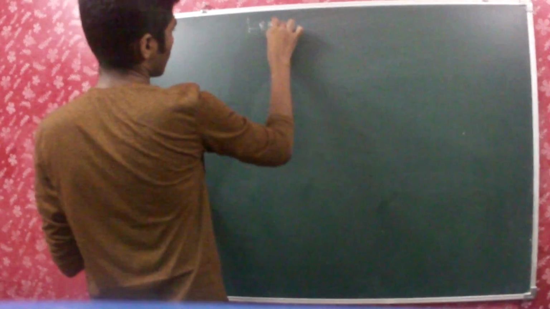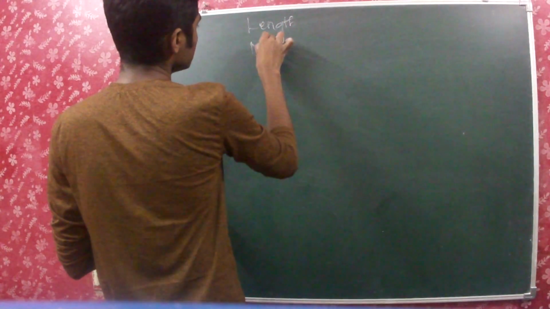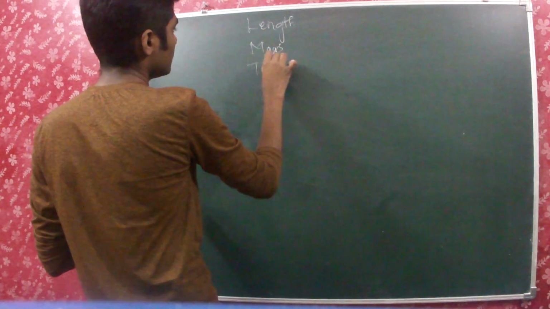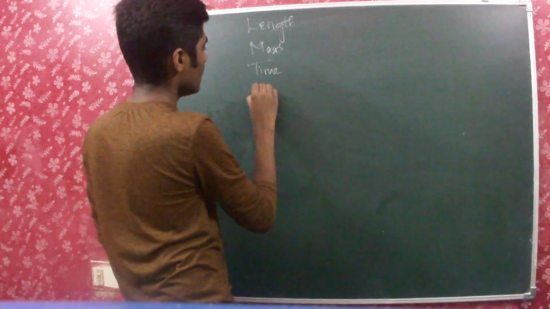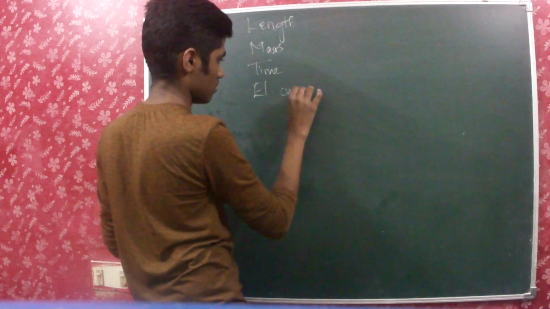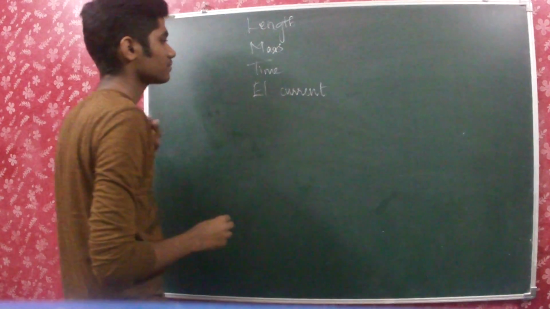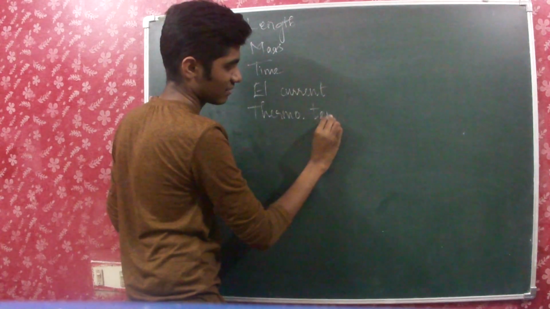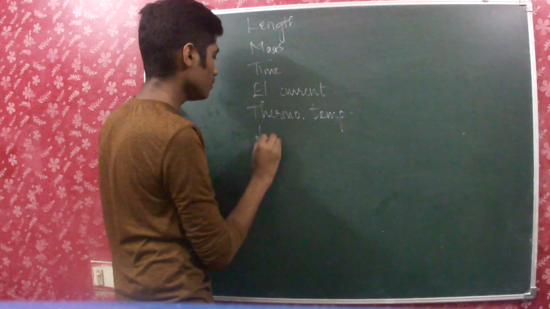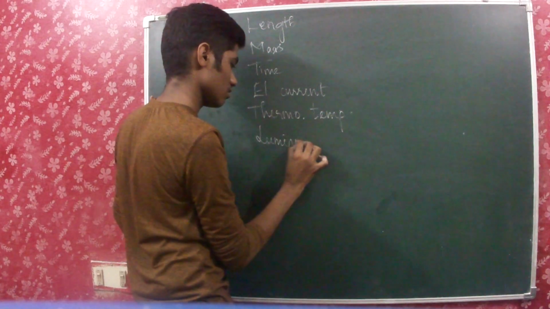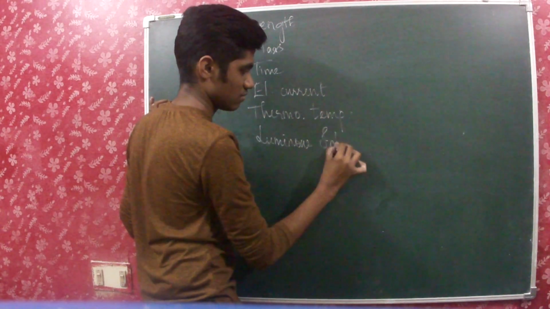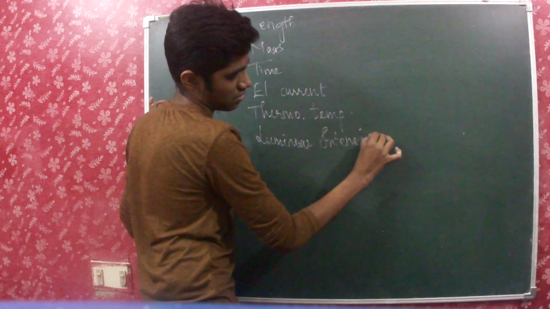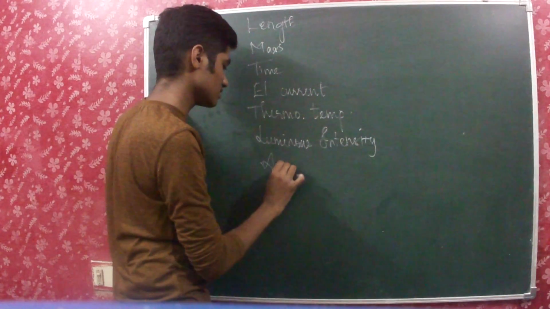The 7 physical quantities are length, mass, time, electric current, thermodynamic temperature, luminous intensity, and amount of substance.